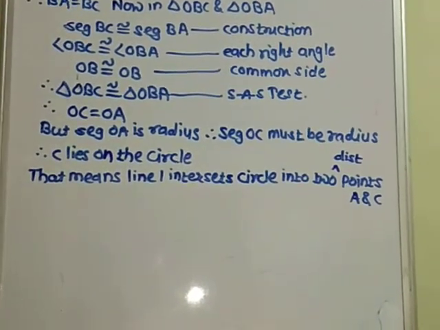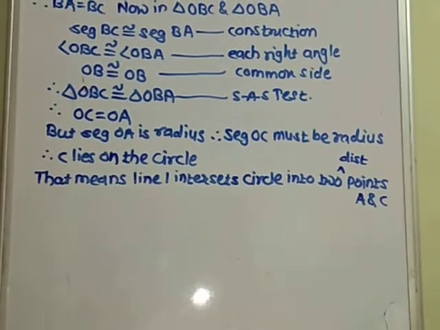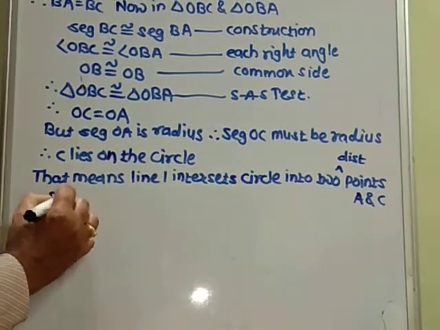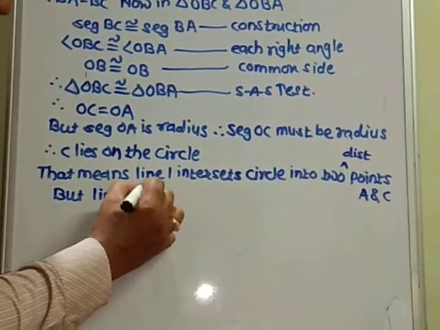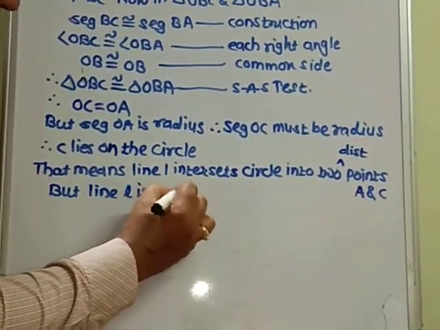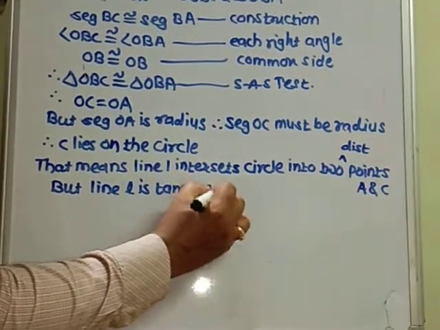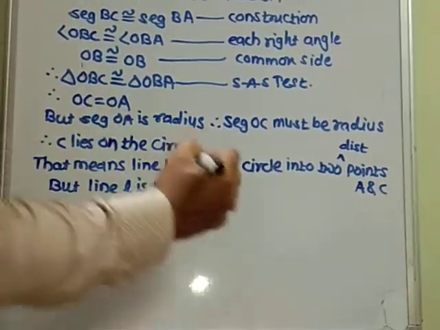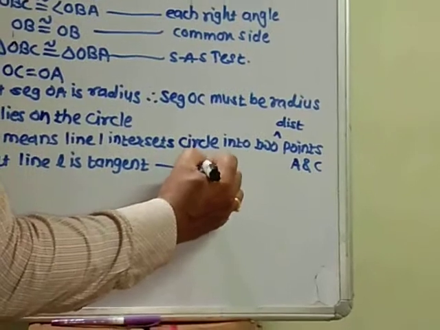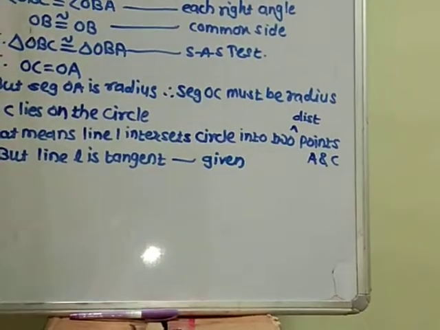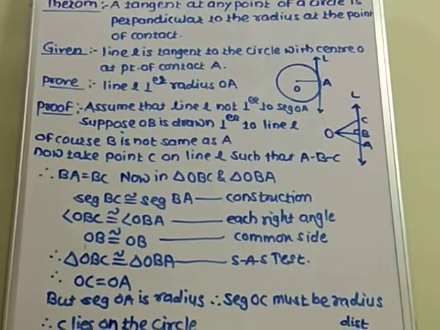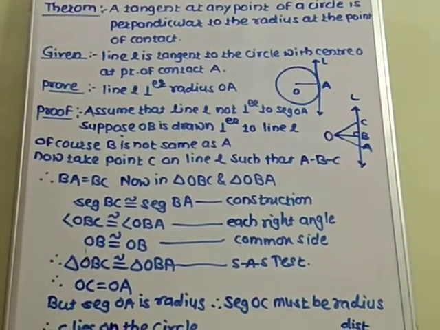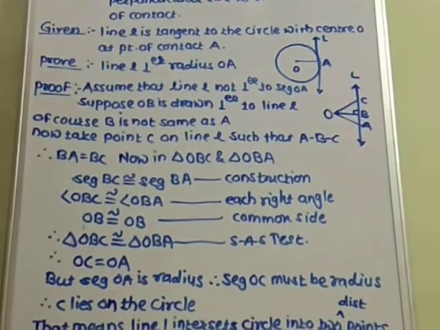But line L is a tangent, which is given. Therefore it intersects the circle in only one point.